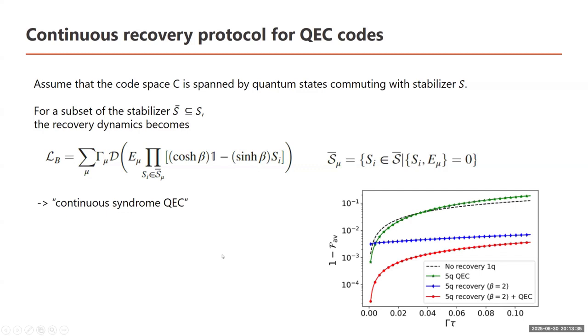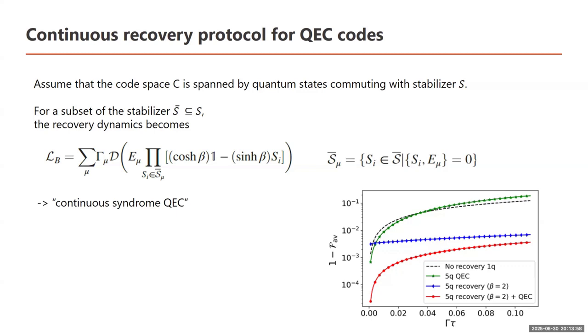On the right, we compare several protocols. The green line shows the 5-qubit standard QEC. As in the figure, we can see that it does not differ from no recovery on 1 qubit. And this means it is not very efficient.